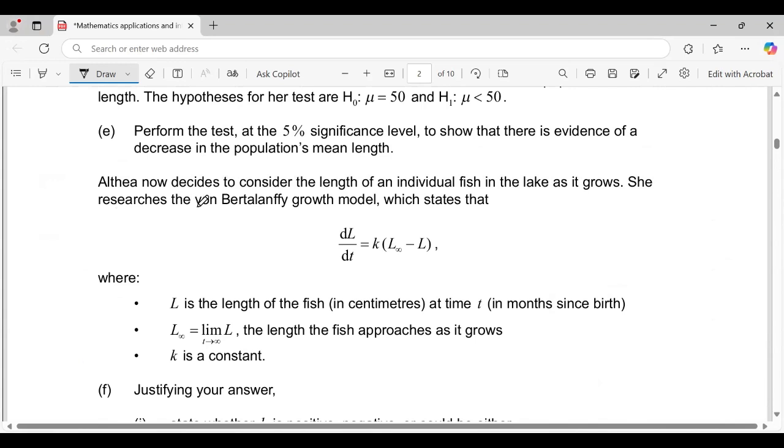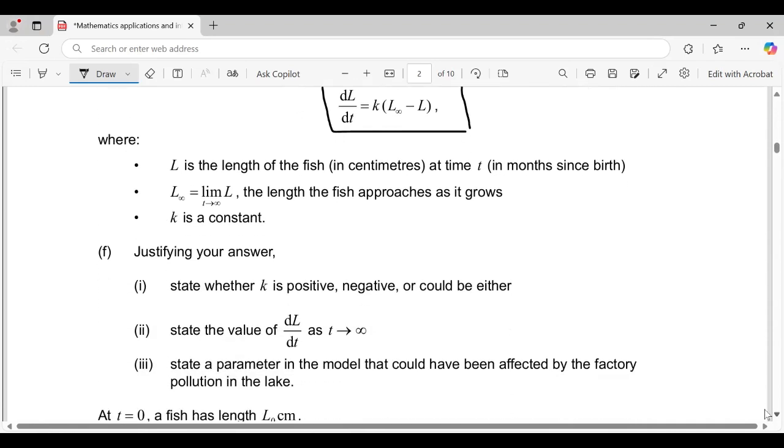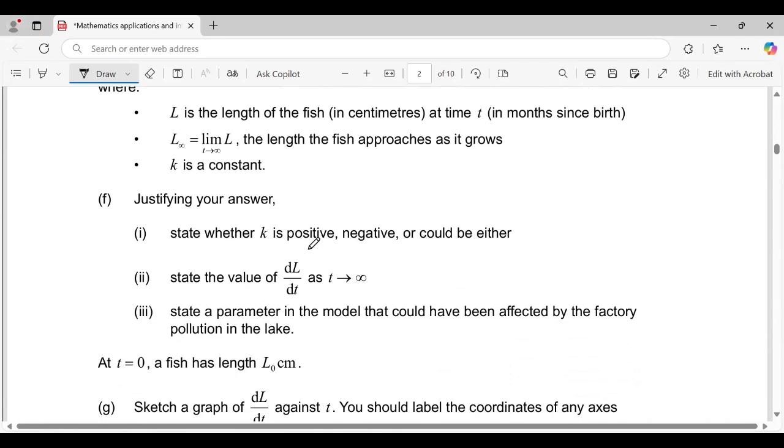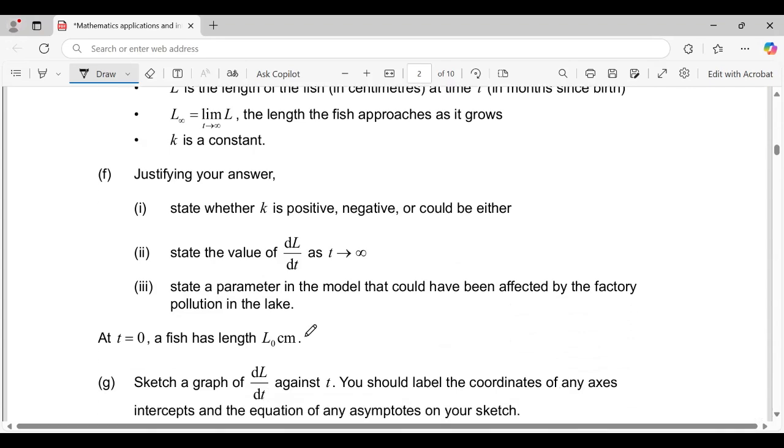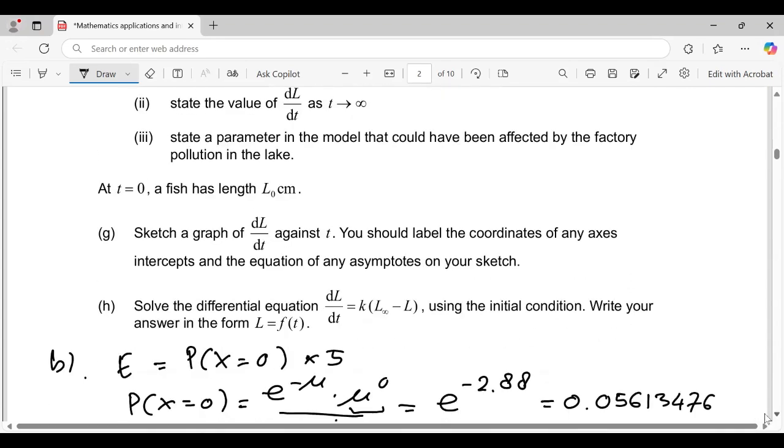She researches the von Bertalanffy growth model, which is stated here. Justifying your answer, state whether k is positive, negative, or could be either. State the value of dL/dt as t approaches infinity.